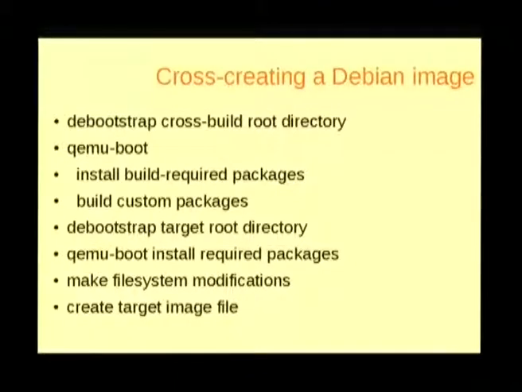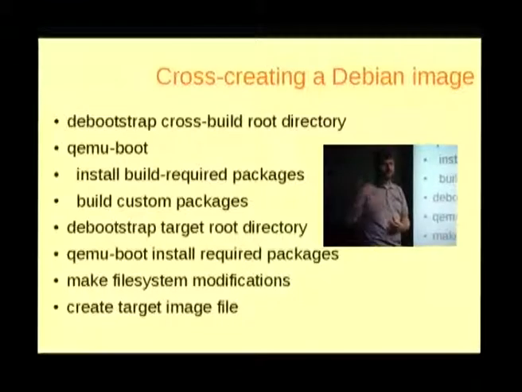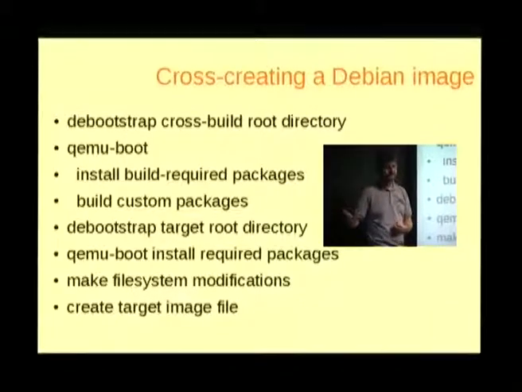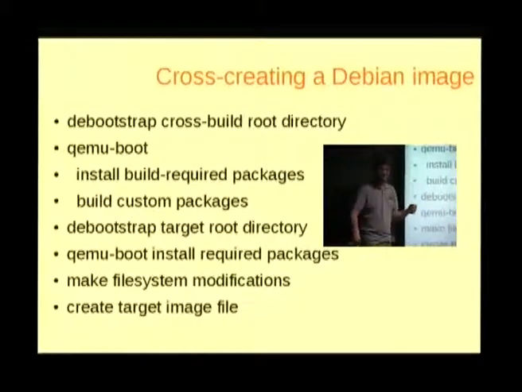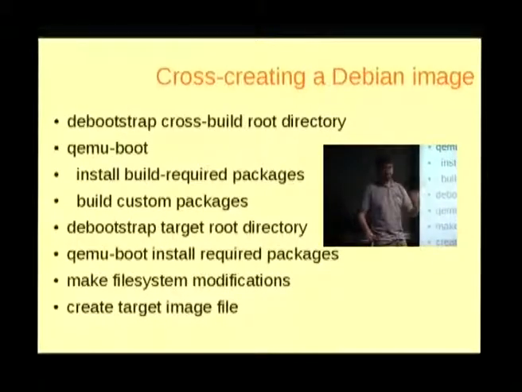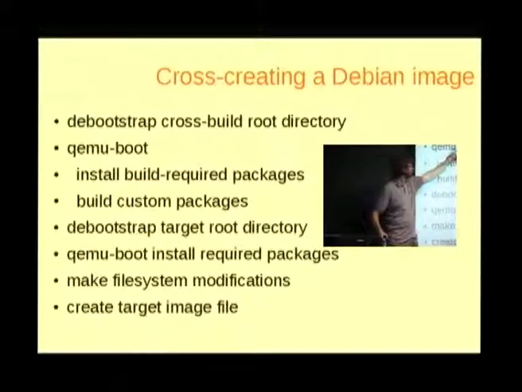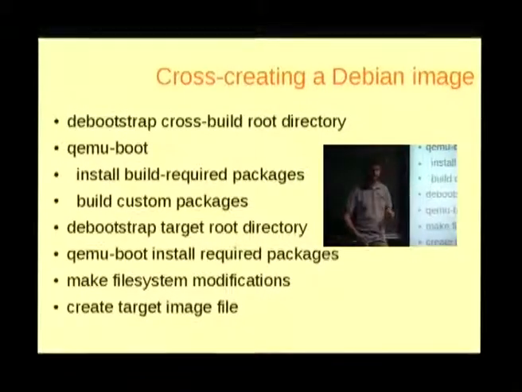The easiest way is actually to not do any cross-compilation, but just make a root file system of your target system directly, and then use QEMU, or however you pronounce that, to emulate the target processor and run a chroot into your target file system directly. I say QEMU boot here, but it's of course QEMU chroot.